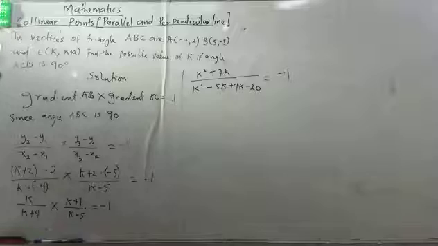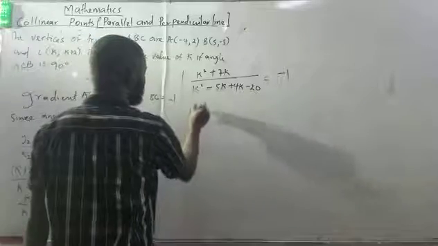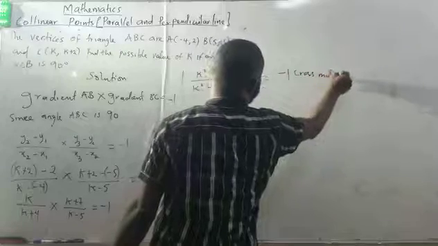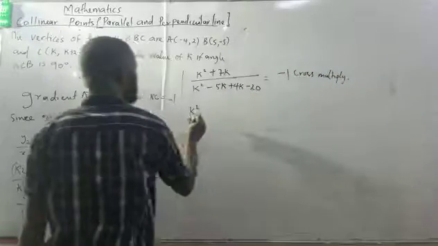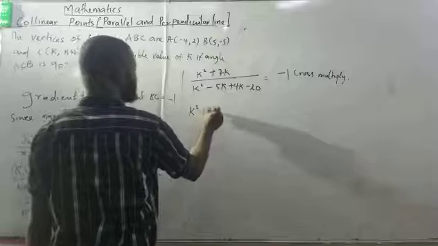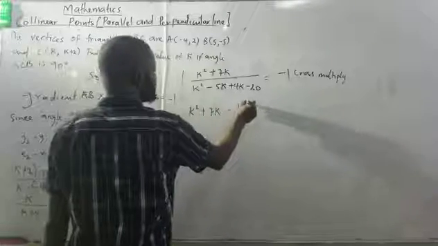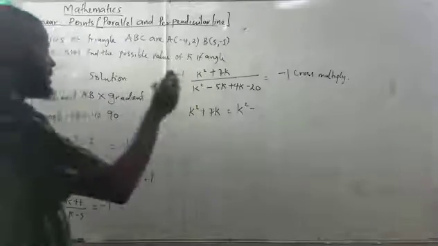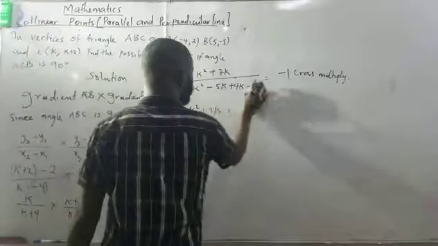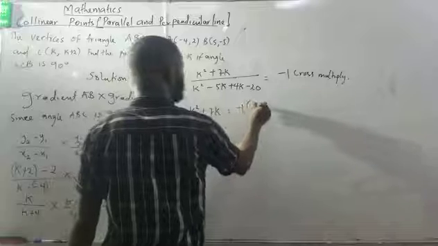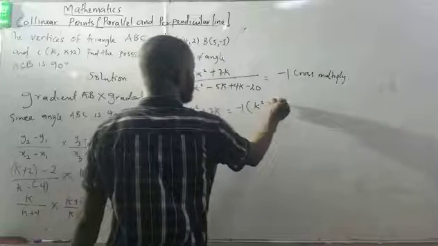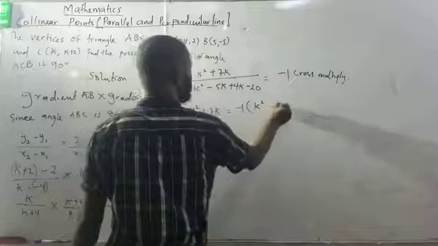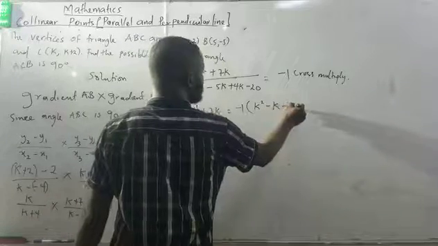Now, for me to move on, when I cross multiply, I'll be having k plus 7, plus 7 equals to k squared minus, don't forget that minus 1 is there, minus 1 bracket of k squared minus 5k, that'll be, sorry, it will be minus k and minus 20.